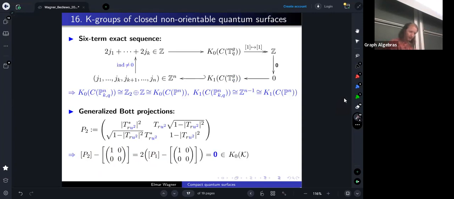Now, in the case of the non-orientable quantum surfaces, something changes. The index map isn't 0 anymore. In the last part, we had arcs that appear with their inverse orientation. This is still 0, but here any arc appears twice.